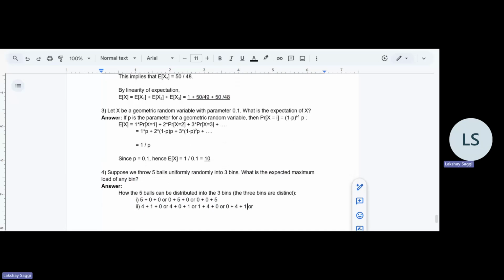And then we have the third case where the third bin has 4 balls, and also these 2 cases. So there will be 6 cases here: 1, 2, 3. Maybe I should write this in capital so that it becomes a bit more clear, dividing the cases.